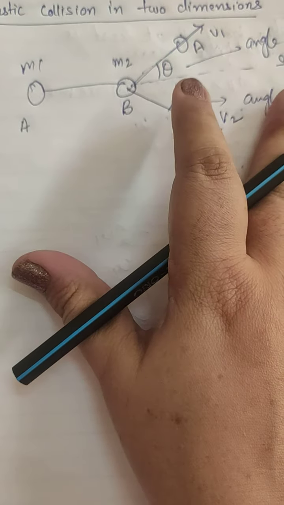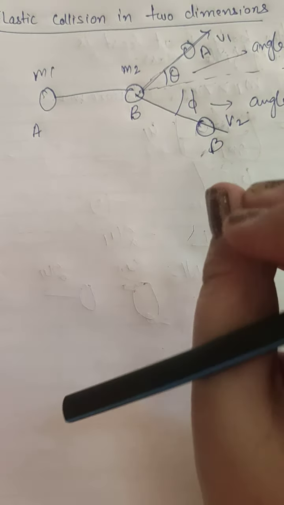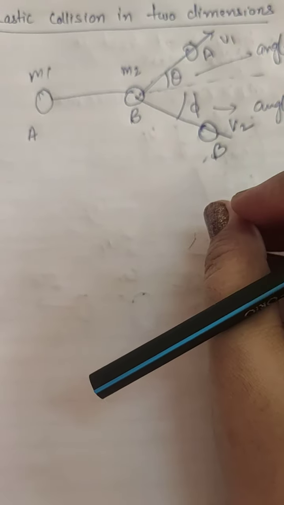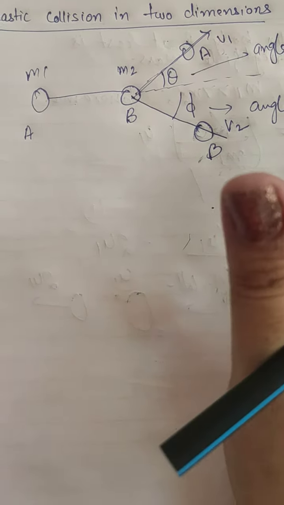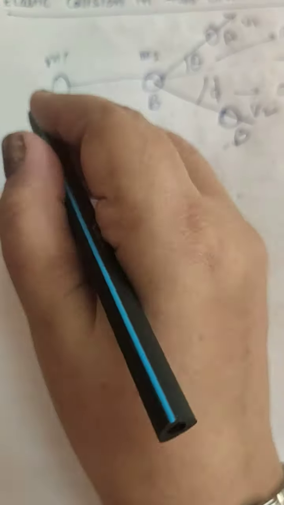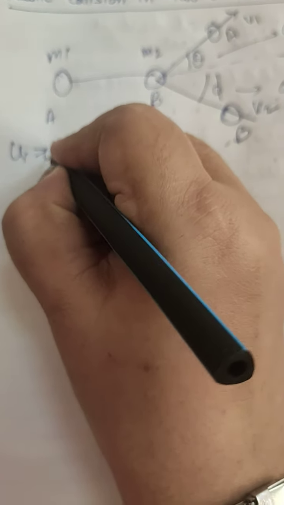Now we know that in case of elastic collision, total momentum is conserved and total kinetic energy is also conserved. So we will apply these two rules, assuming that u1 is greater than u2.